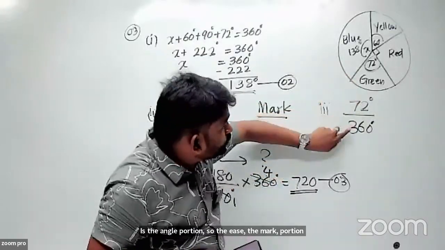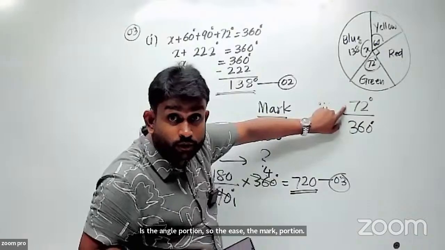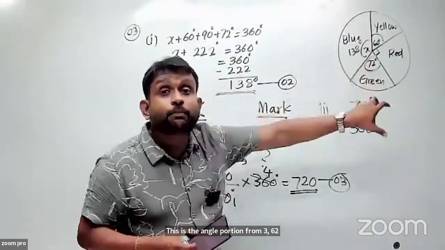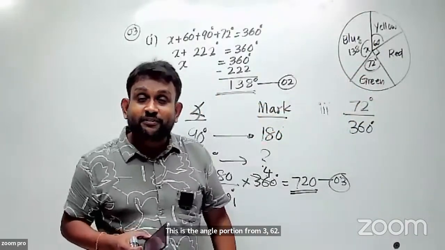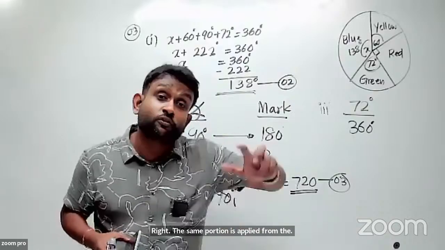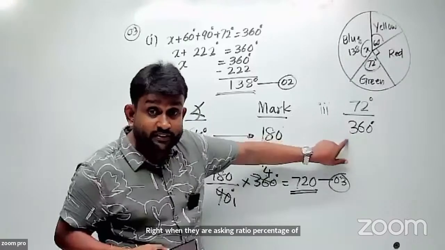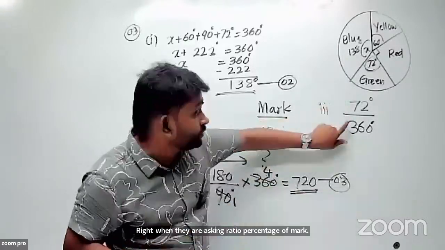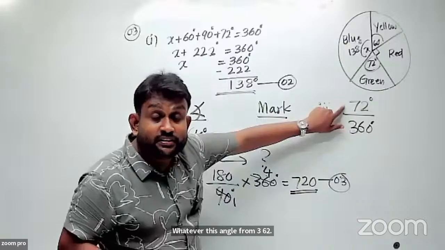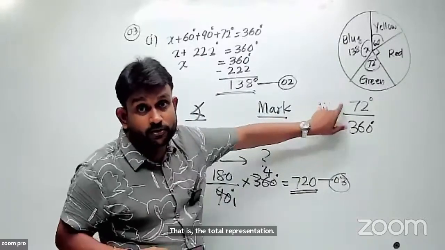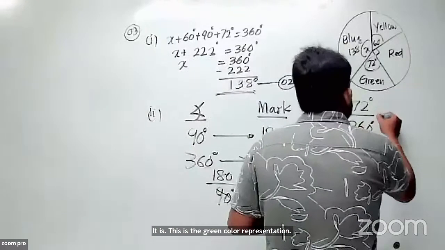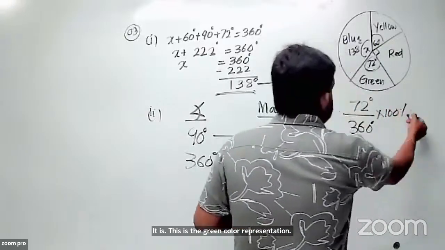This is the angle portion from 360, 72. The same portion is applied for the marks. When they ask ratio, percentage of mark, whatever, write the ratio of this angle from 360, that is 72 over 360. That is the total representation. This is the green color mark representation. So if that is 100%, how much? That is the easiest way.